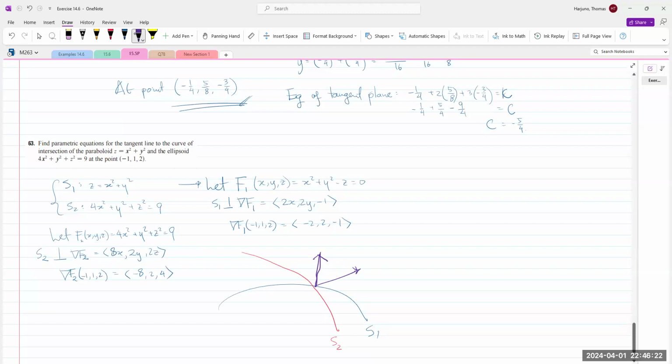Call these N1 and N2, for example. Notice that the cross product of N1 and N2 must be parallel to the curve of intersection. Can you imagine that?